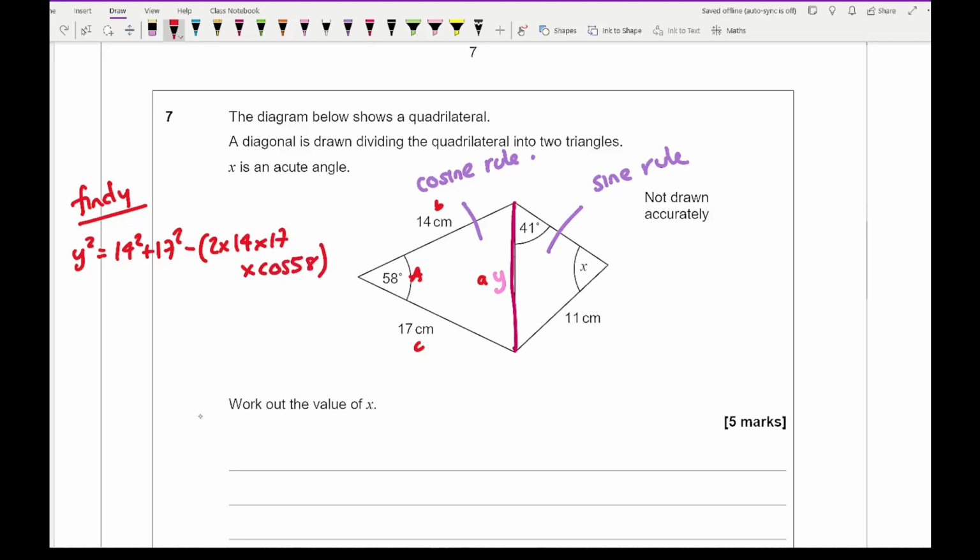If I type that into my calculator, I get an answer of y squared equals 232.758, and then square rooting that, I get 15.256. Let's draw that triangle out again.